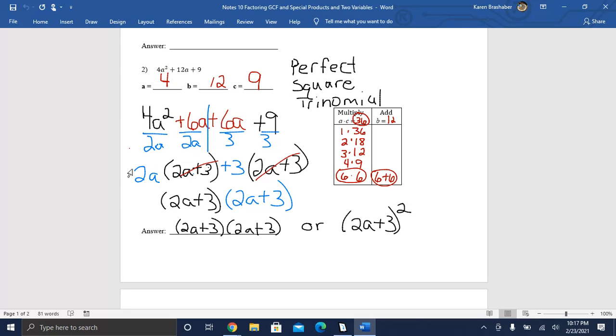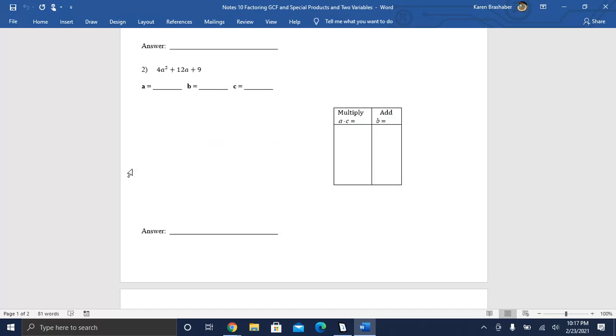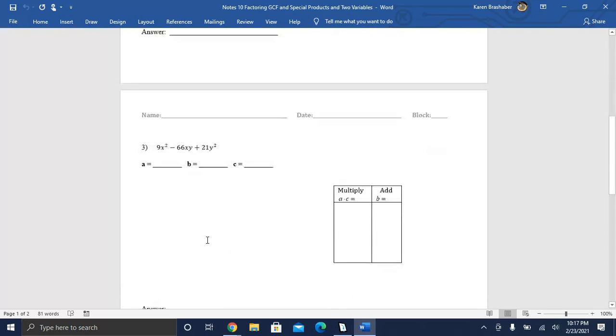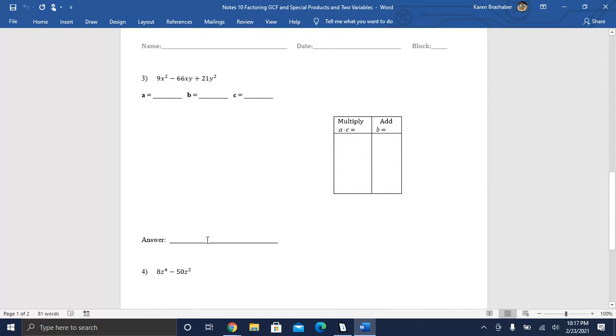Okay, we'll move on. We'll take a look at problem number 3. So for this third problem, we once again have a greatest common factor that we can divide out.